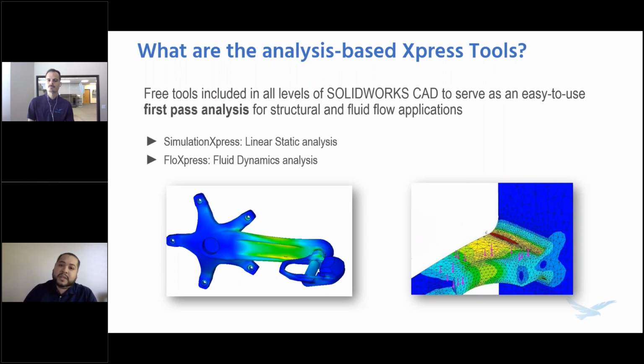Now, if you have SolidWorks Premium, or any of the simulation tool add-ins, then you really should be using those applications, just because it unlocks a lot of the capabilities and removes a lot of the headache that you may run into with the Express tools. And I'll explain why here shortly.